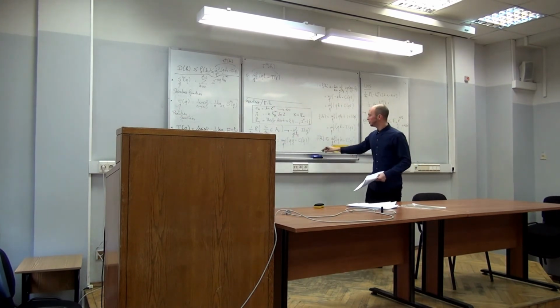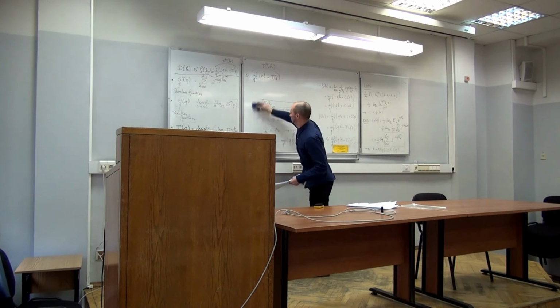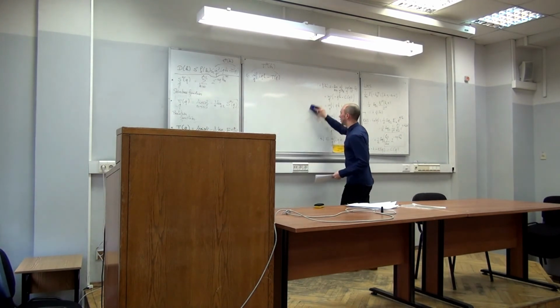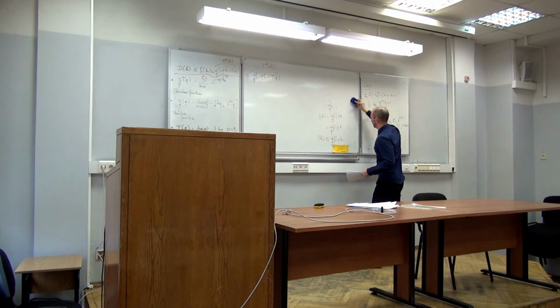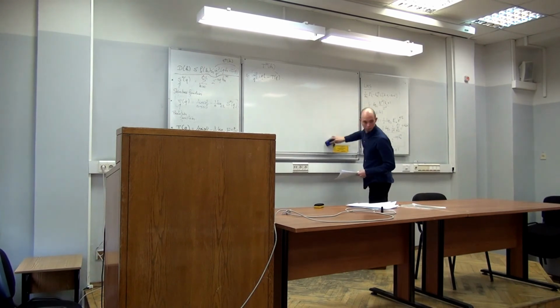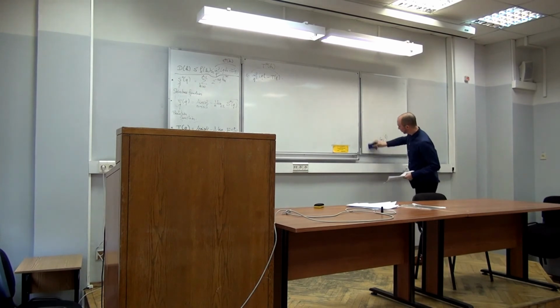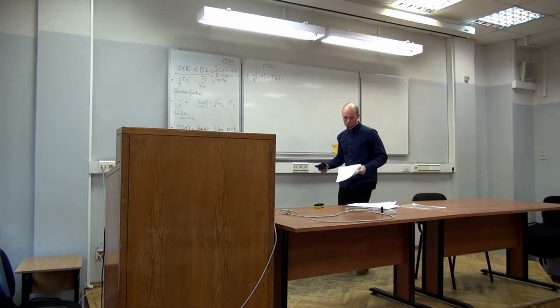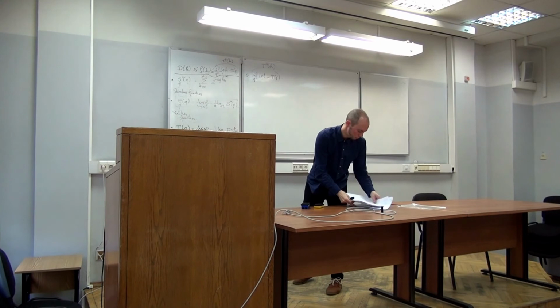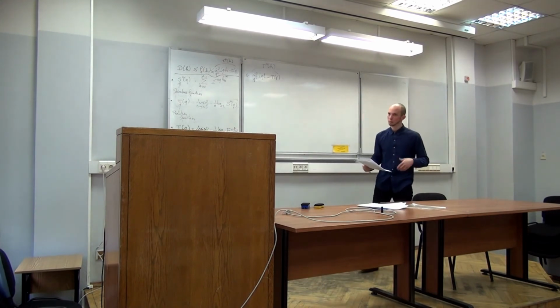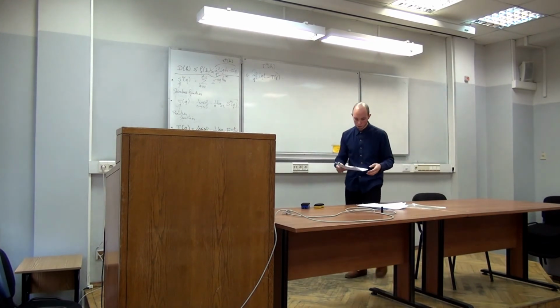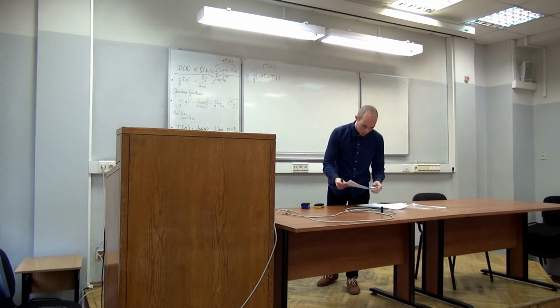Okay, so I want to illustrate now this multifractal formalism on the binomial cascade. The binomial cascade was introduced by Mandelbrot in the 70s when he was starting to build all this fractal theory.